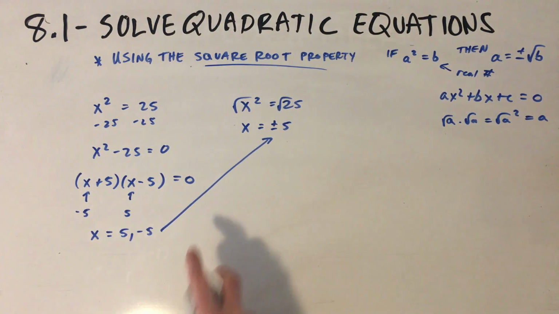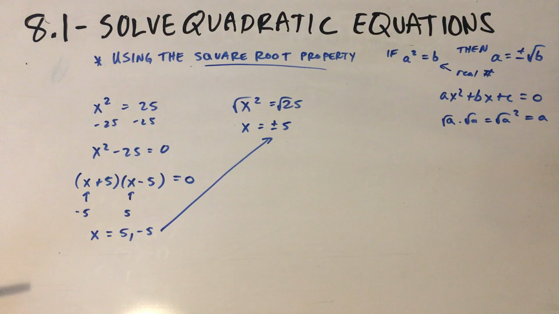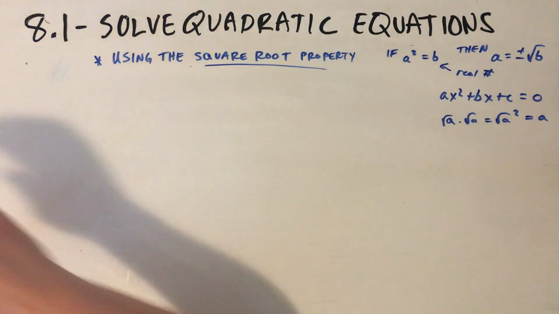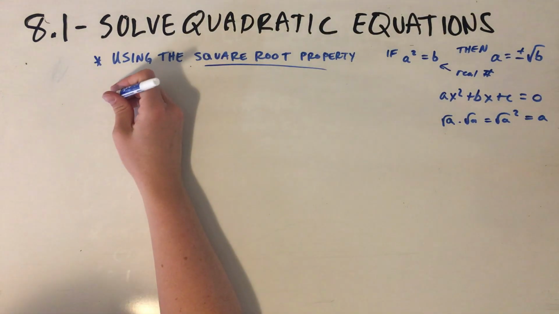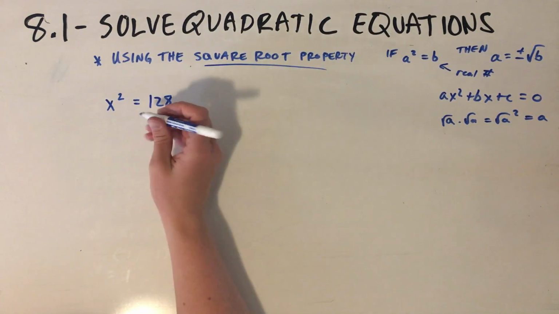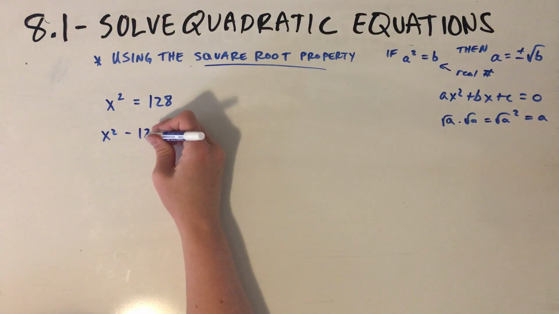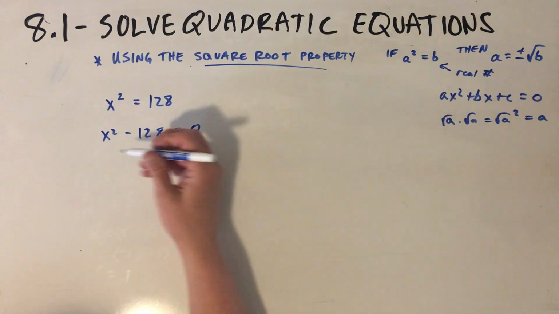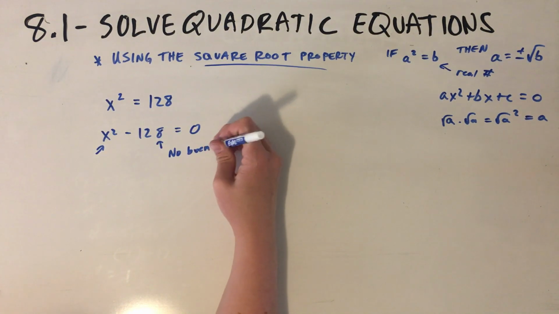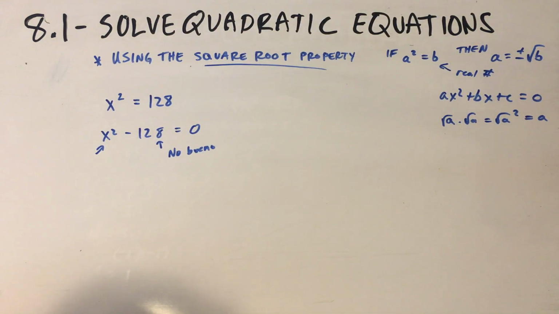Okay, so this is the general square root property in its simplest form. I'm going to go through several other problems now, with problems that we previously tried to factor but they were not factorable. So for instance, if I had x squared is equal to 128 and we tried to factor this, we would say, well, this is not a perfect square, so no bueno, right? I'd just be like, well, that's prime, unfactorable.